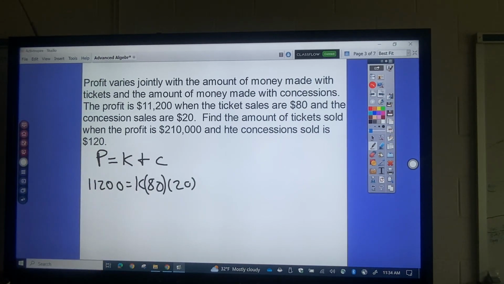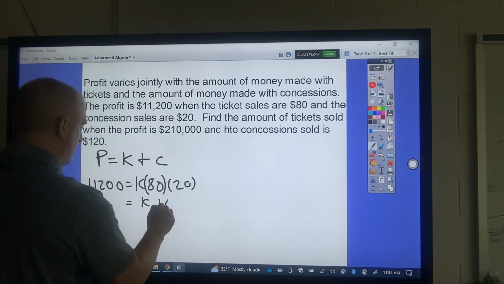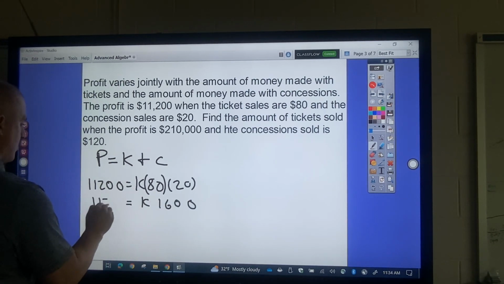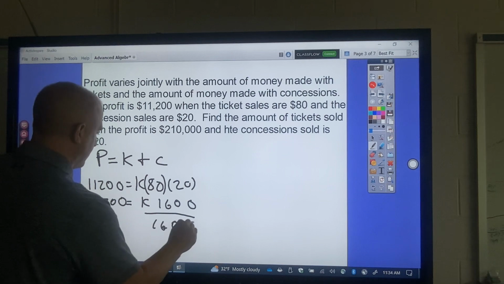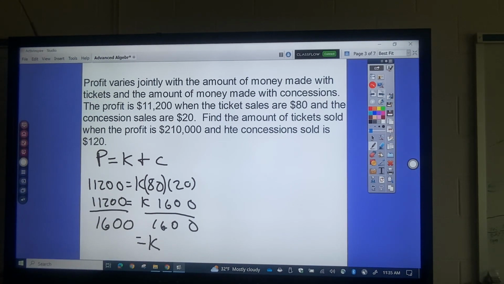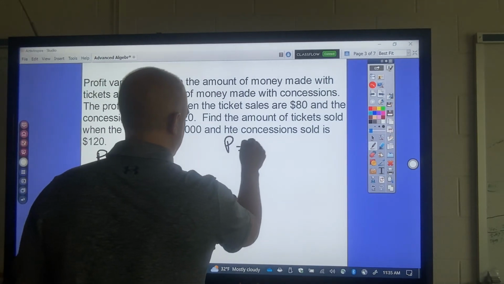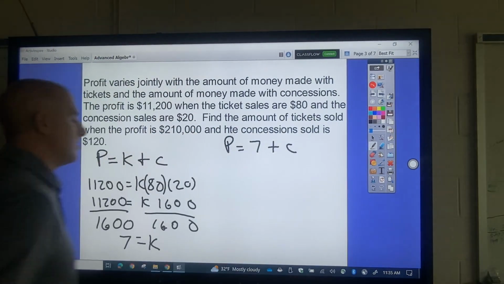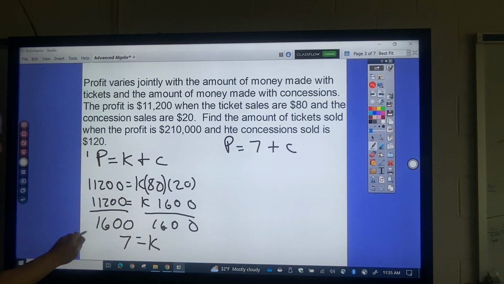Now I want to multiply the 80 times the 20, which gives me 1,600, with the k, and solve for k by dividing by 1,600. So k equals 11,200 divided by 1,600, which is 7. Then I rewrite this: p equals 7tc. Step 1, step 2, step 3.